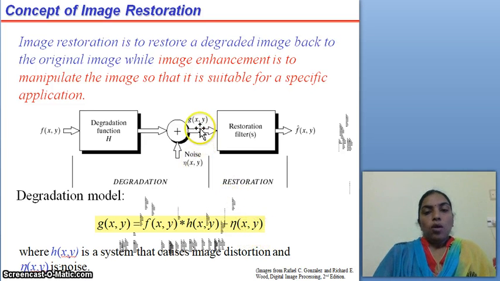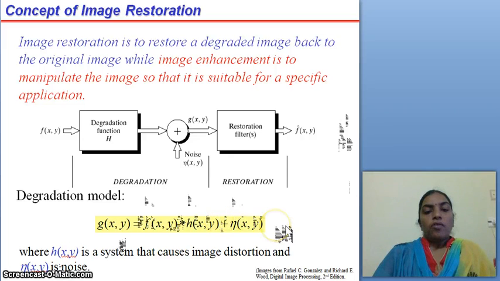So g of x comma y internally depends on h of x comma y, n of x comma y and of course f of x comma y. By taking the restoration filter, you should extract f of x comma y from this g of x comma y.